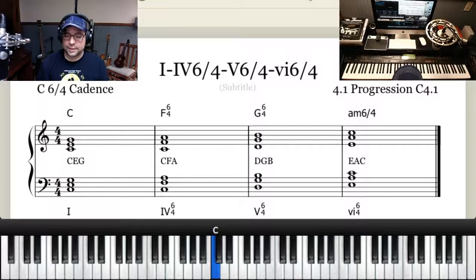Again, that's C, E, G. For the F second inversion, you have C, F, A. For our G in second inversion, we have a D, G, B. And for our last A minor deceptive cadence, we have an E, A, C.